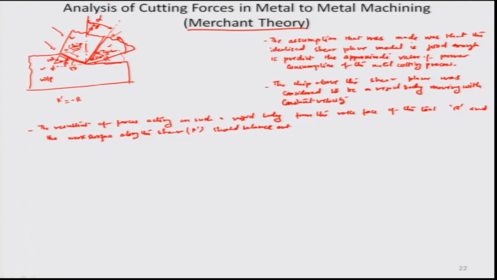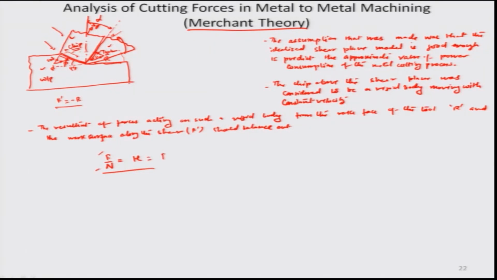So, in that event the R dash and R are equal and opposite to each other, and the total force F and N which is acting as a result of the frictional and the normal reaction on the chip from the tool surface, they can also be correlated by putting coefficient of friction mu between the tool chip interface as a ratio between both the forces.